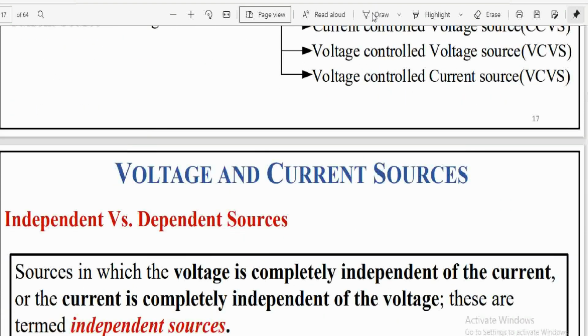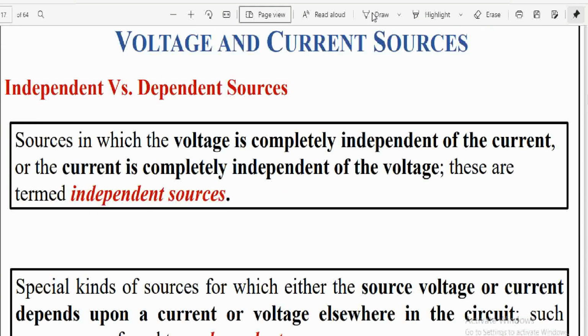What is the main difference between independent and dependent sources? Sources in which the voltage is completely independent of the current, or the current is completely independent of the voltage, are said to be independent sources.